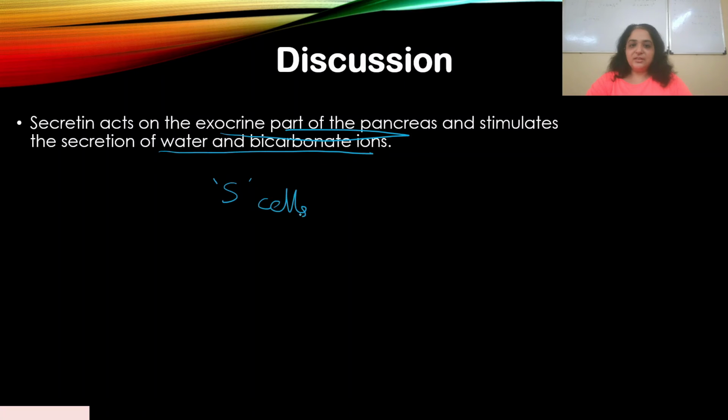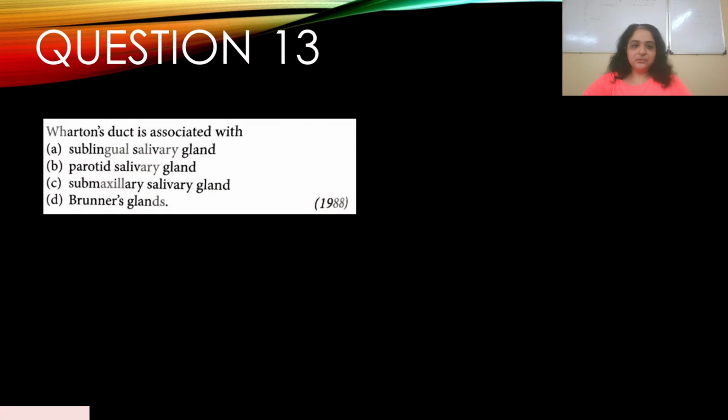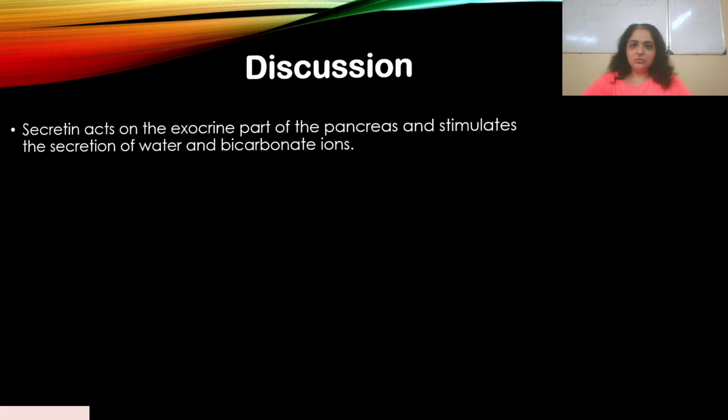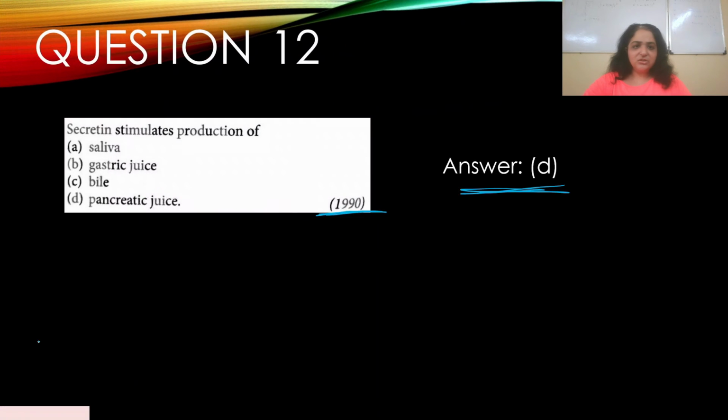I have already discussed this in part 1, so please go and watch part 1. There's a nice table with all the hormones and where they are secreted from and what is their function. If you want, you can note that down. So one second before we go back to the question, I think I've answered the question. Stimulates the production of the pancreatic juice. Okay, that's the appropriate answer.